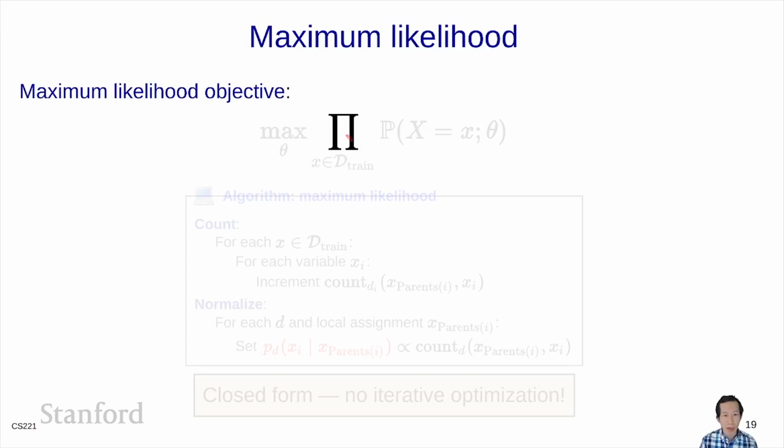We have our training data here. If we look at the product over all examples in the training data of the probability that the Bayesian network assigns to that data, and notice I'm going to write semicolon theta here to recognize the fact that this Bayesian network depends on the parameters now.